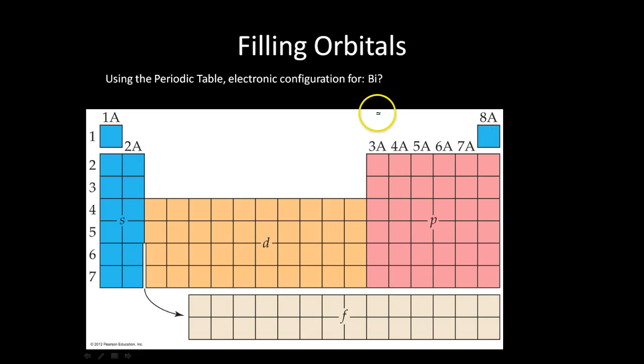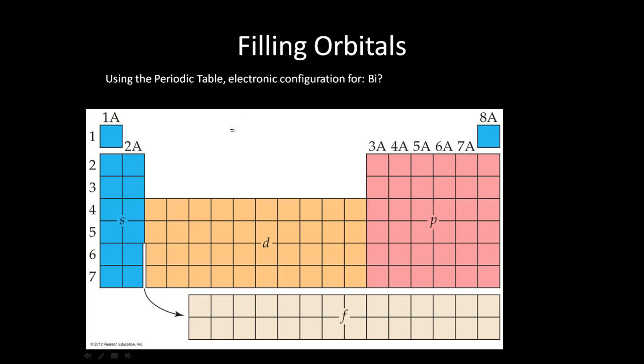And so if we use this periodic table, instead of the usual periodic table for a test, you'll actually have this one. So just remember that we go 1s, 2s right here. This would be 2p, or think of this as the p block, 3s, 3p, and so on and so forth.